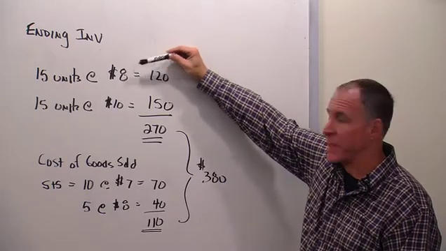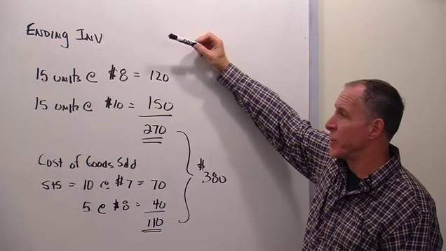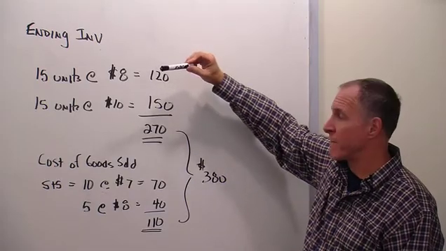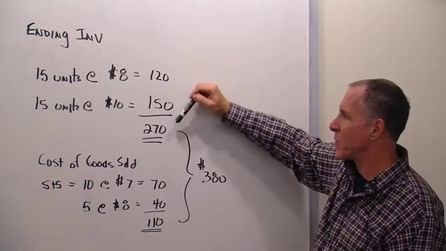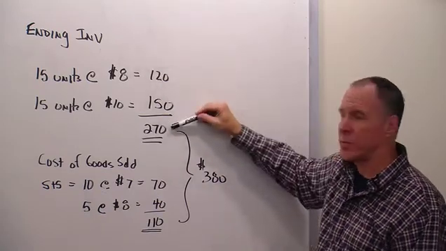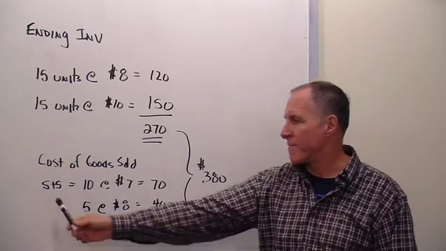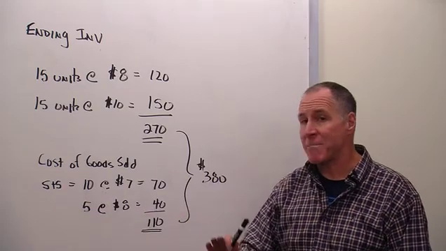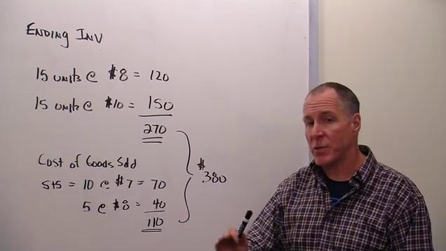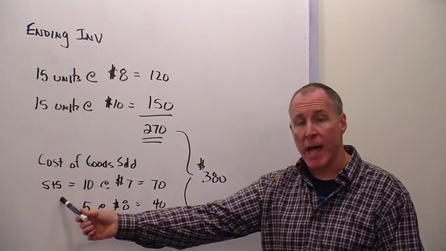Those are $8 apiece, so that's 120. We have 15 units remaining from the December 21st acquisition at $10. That's 150. So my total ending inventory is $270. My cost of goods sold, remember I had 5 units that I sold, and then I sold 10 more, but when I priced those 10 that I sold, 5 of them came from the first acquisition.